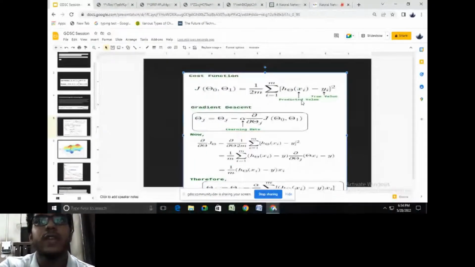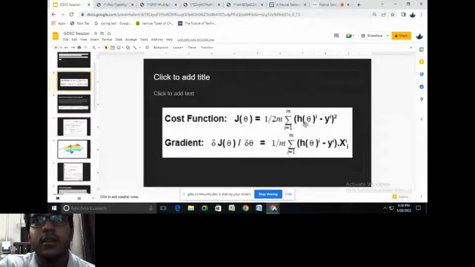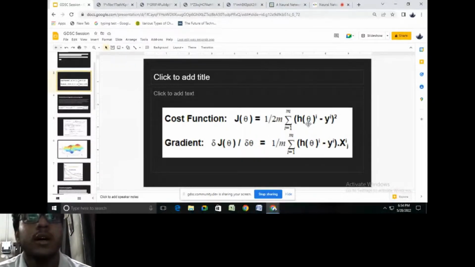This is the value that our model will predict. Theta is the set of parameters of the model, and h of theta is what the model actually predicts.